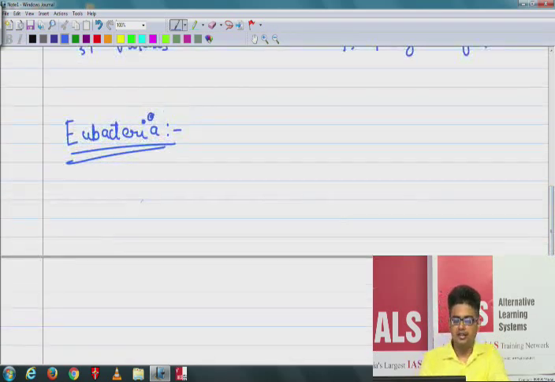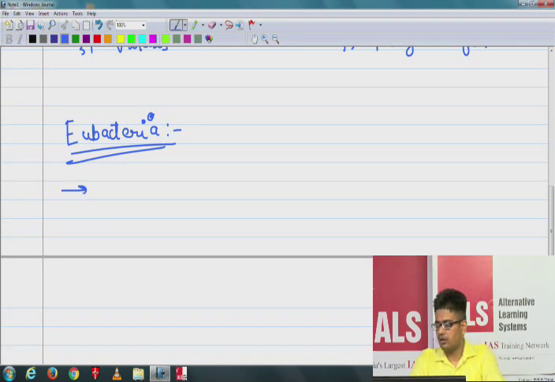So anybody can tell me what is the habitat and habit of eubacteria? Do you remember? All right. Eubacteria are cosmopolitan. Cosmopolitan is a term which means everywhere.